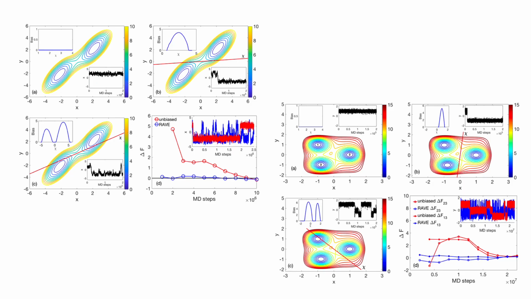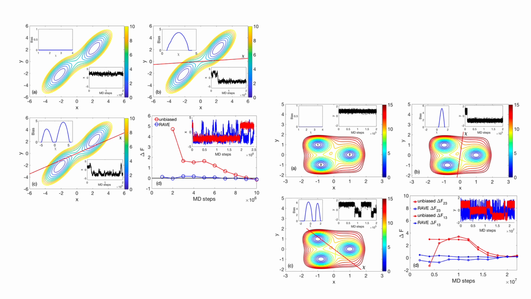So here's just some quick results. They tested this on a 2D and 3D system, as well as another hydrophobic ligand system in water. But I just want to show these two results. Very simple. In the top two images and the bottom left potential energy surfaces in both of these, you can see RAVE basically progressively learning better bias potentials and a better reaction coordinate.